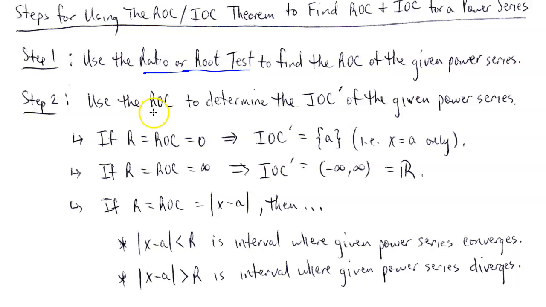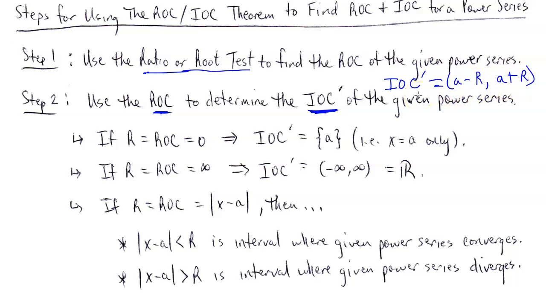Now, using the radius of convergence, we can find what I'm calling the interval of convergence prime, or IOC prime. And IOC prime is always by default just the open interval (a minus r, a plus r), the x values from a minus r to a plus r.